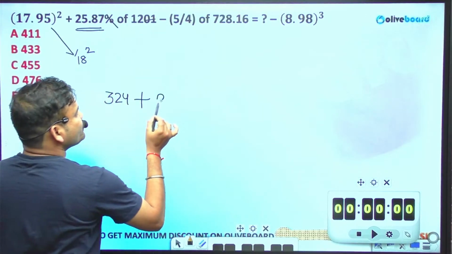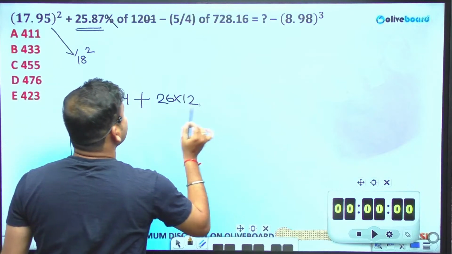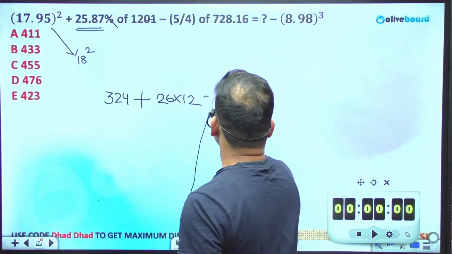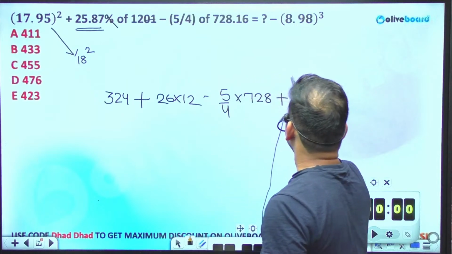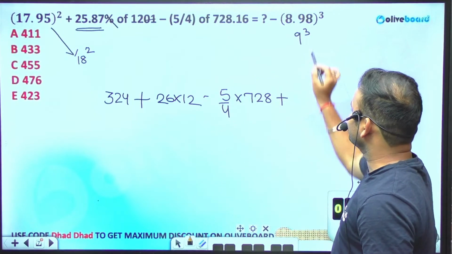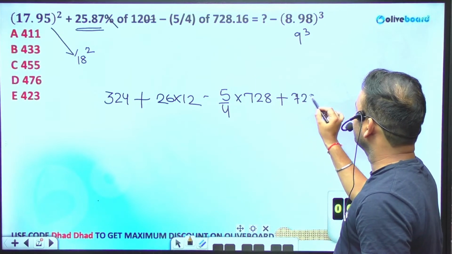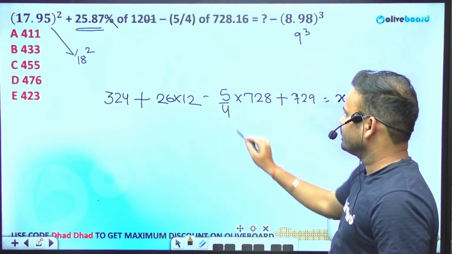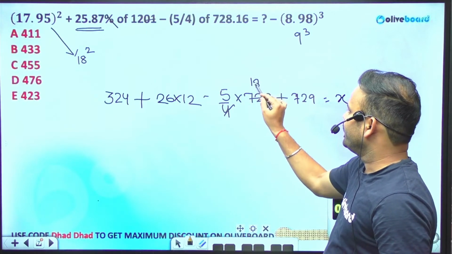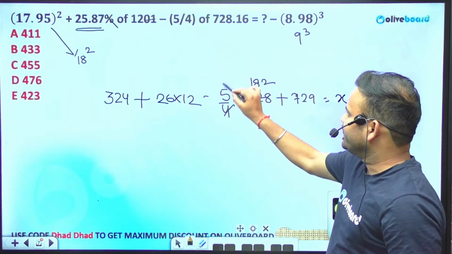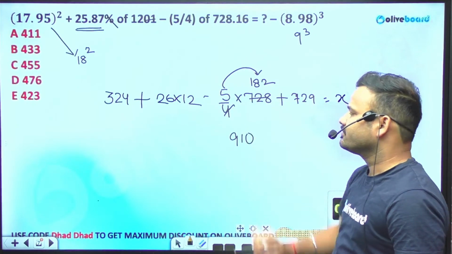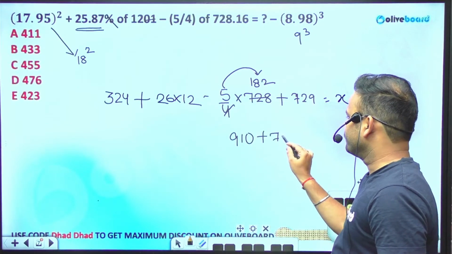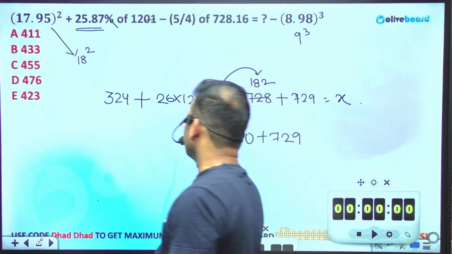So this is equal to 26 times 12 minus 5 by 4 of 728 plus 9 cube. It can be written as 9 cube, that is 729. 4 times 182. 18 into 5 is 900 and 10. So that is 910 plus 729 is equal to what?